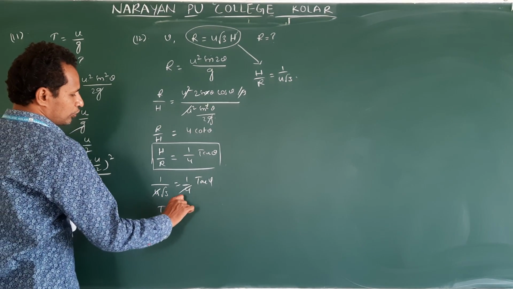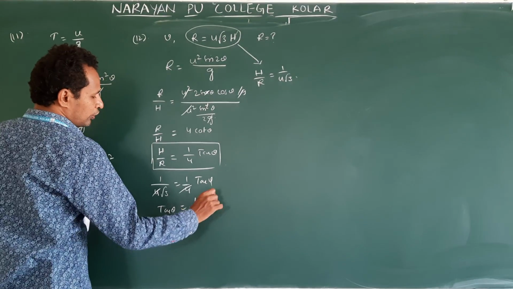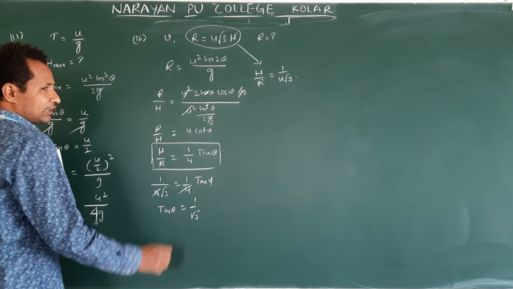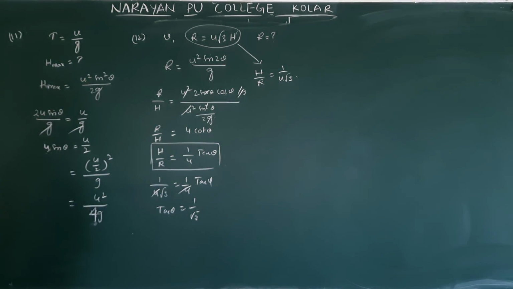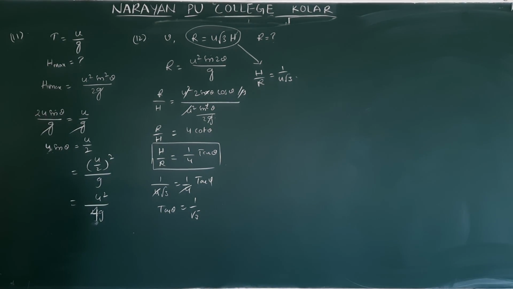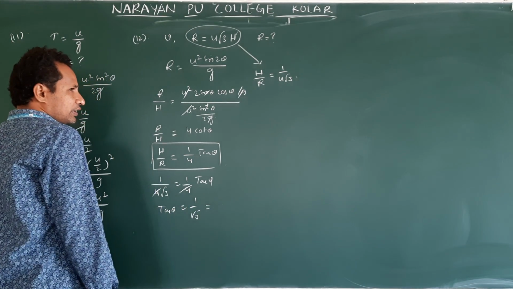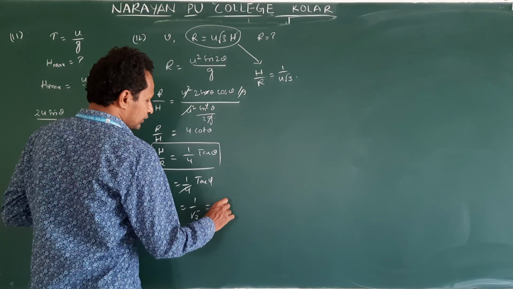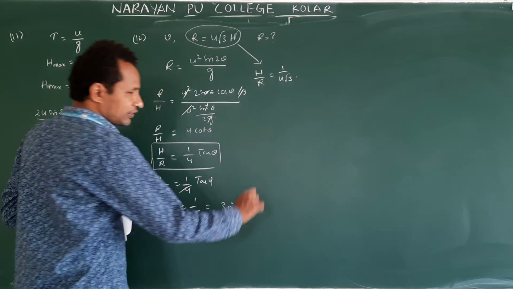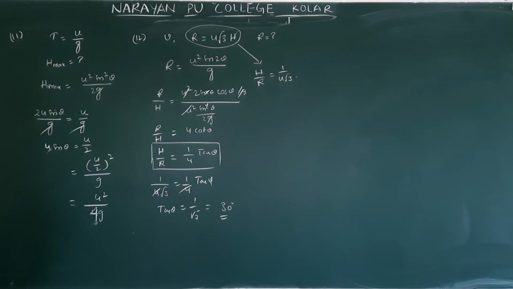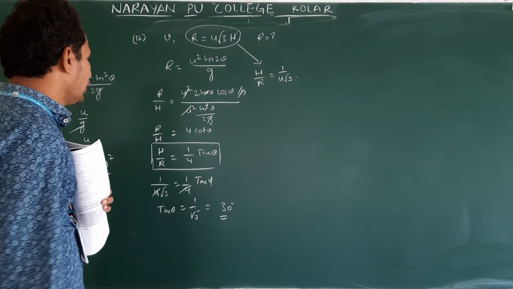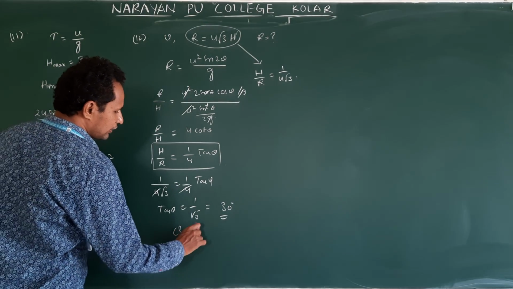Tan theta is equal to 1 by root 3. For what angle is tan theta 1 by root 3? Theta is equal to 30 degrees, since tan 30 is equal to 1 by root 3. Clear?